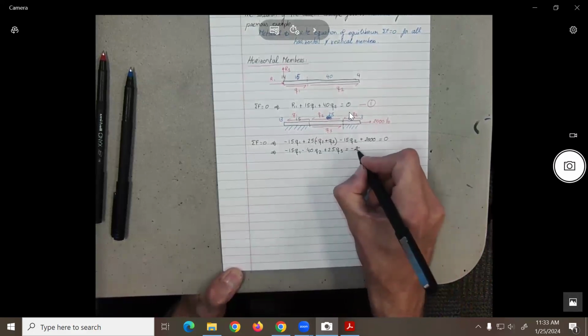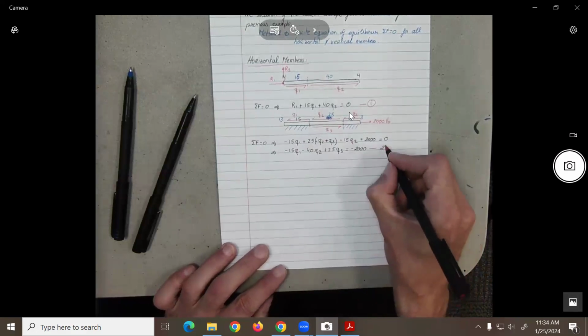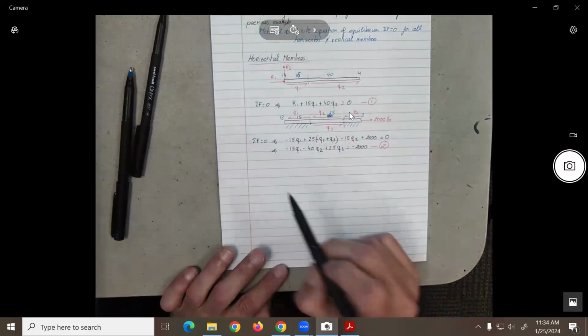This should be equal to negative 2000. This will be our equation 2.